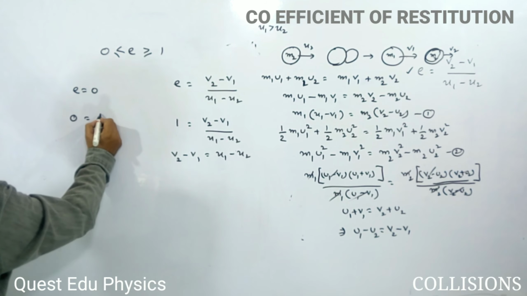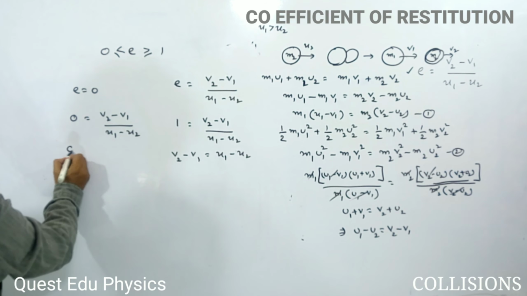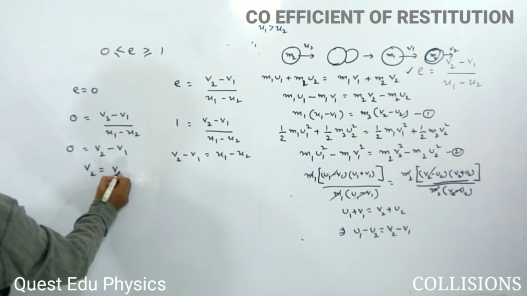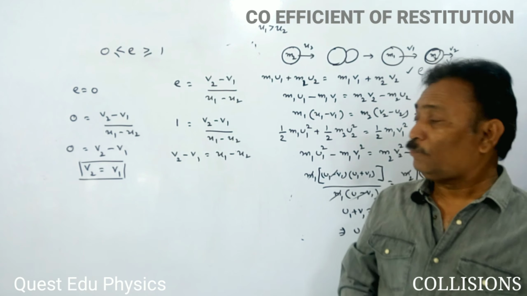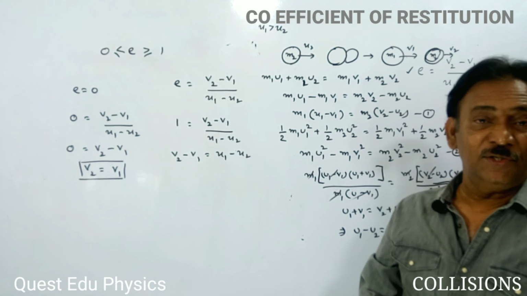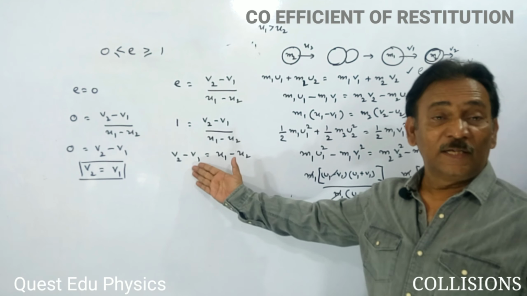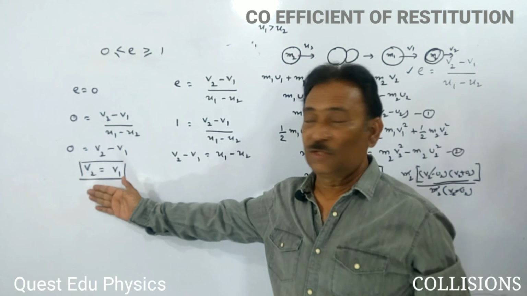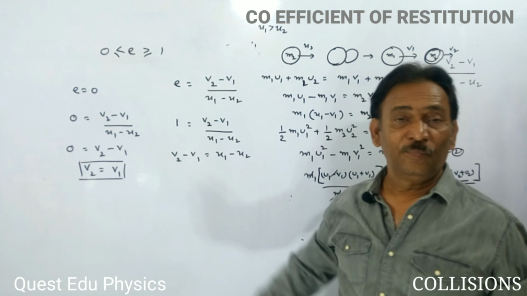Then 0 is equal to (v2 minus v1) by (u1 minus u2), that is, 0 is equal to v2 minus v1, that is, v2 is equal to v1. In this way we can find out what a perfectly elastic collision and a perfectly inelastic collision are. In a perfectly elastic collision, the relative velocity of separation is equal to the relative velocity of approach.